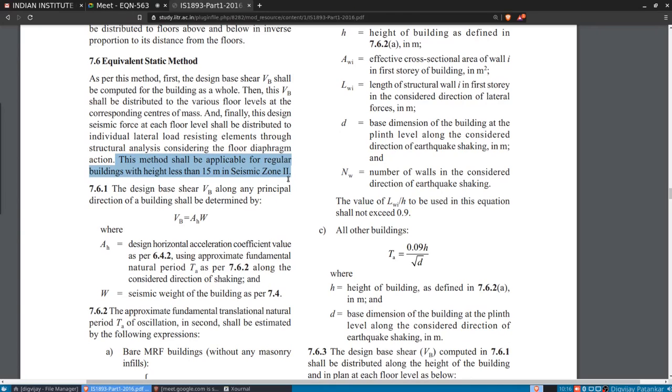Have you ever wondered why there is no zone 1? After the Bhuj earthquake, zone 1 and zone 2 were merged. Actually, many things were changed. Not even the Bhuj earthquake, I think before that it was changed. I am not sure exactly, but zone 1 and zone 2 were merged together, and instead of calling it zone 1, it was called zone 2, because the earlier IS code had provisions for zone 3, zone 4, zone 5.